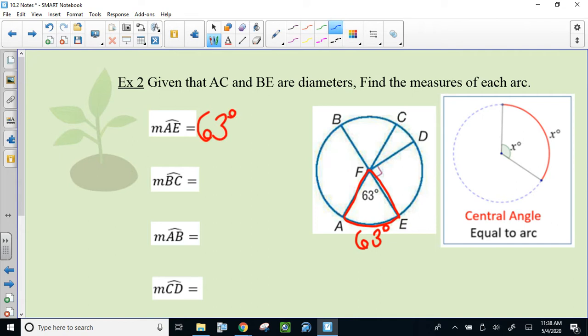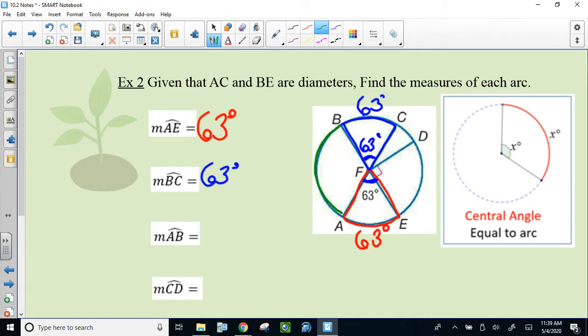What about arc BC? Okay, well, if we follow down to the central angle, we can see that this central angle and the central angle opposite it are vertical angles. So the angles are equal, which means the arcs are also equal. And that's something we're going to be working with in a bit. What about arc AB?